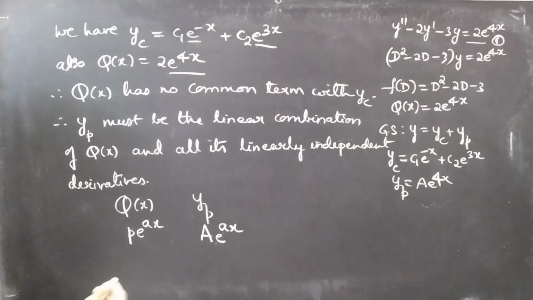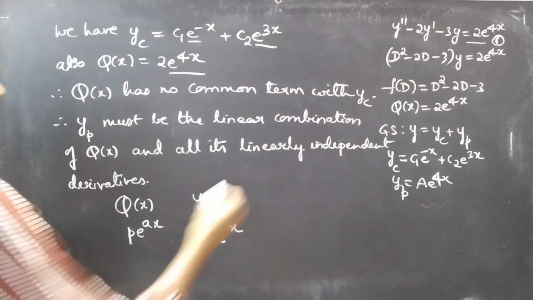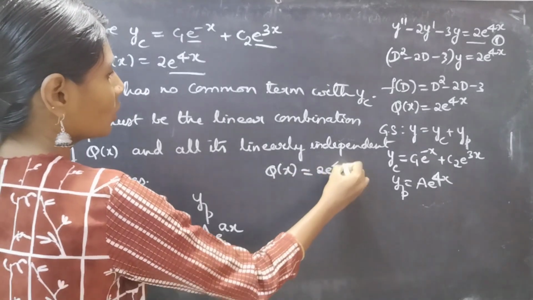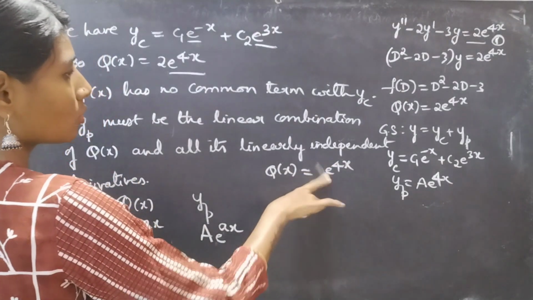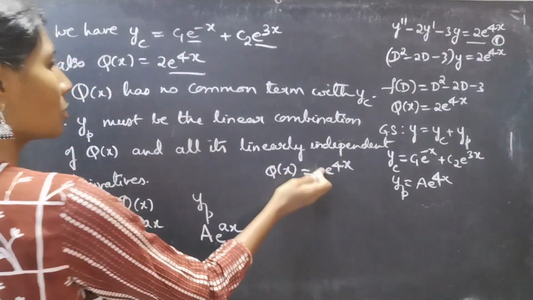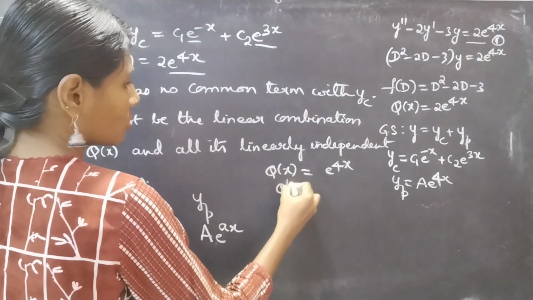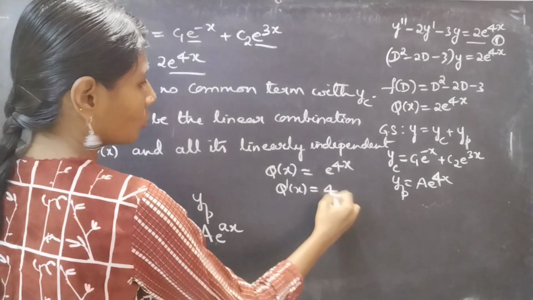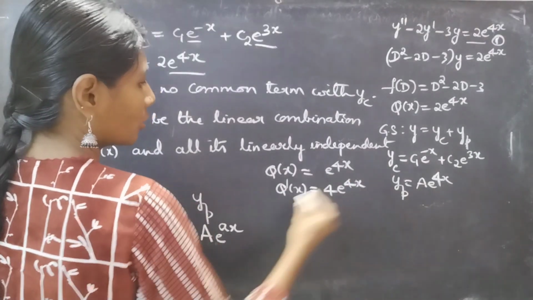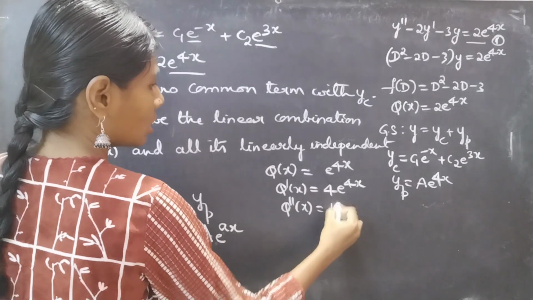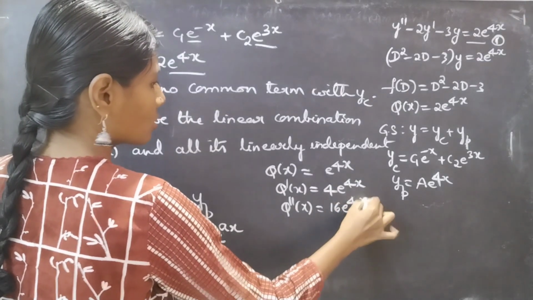Now let's see the trial method. See, we have q of x equal to 2 e power 4x. Okay, forget about this constant 2. Let's forget for some time. Now find its derivatives. Q dash of x is 4 e power 4x. Q double dash of x is 4 4s are 16 e power 4x.